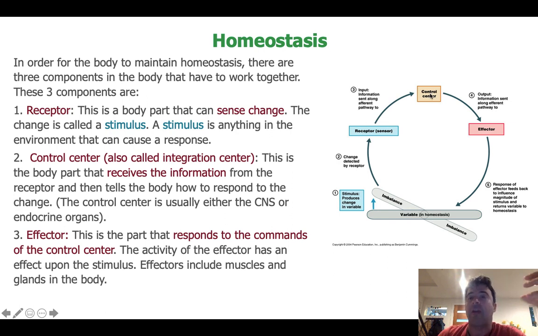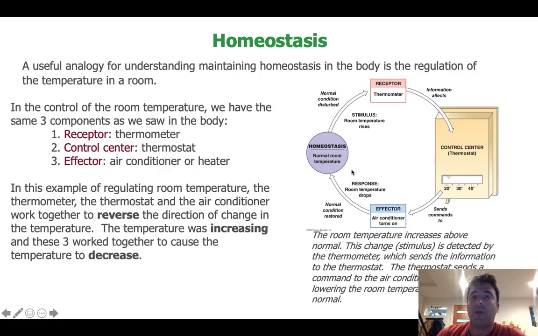That information then needs to go to a control center, which makes sense of that information and then outputs to an effector, and that effector ultimately triggers some kind of change that rebalances homeostasis. So all homeostatic pathways, all feedback pathways have those components in common. And we're going to look at a few different feedback pathways today.